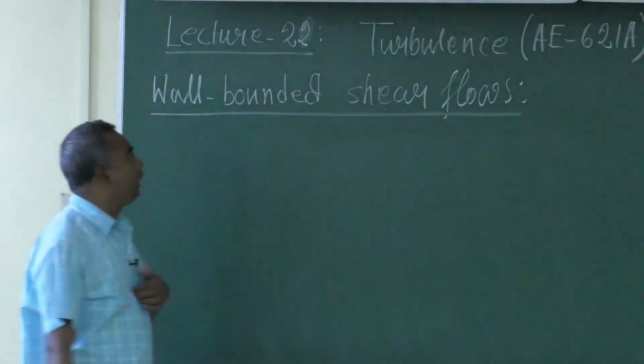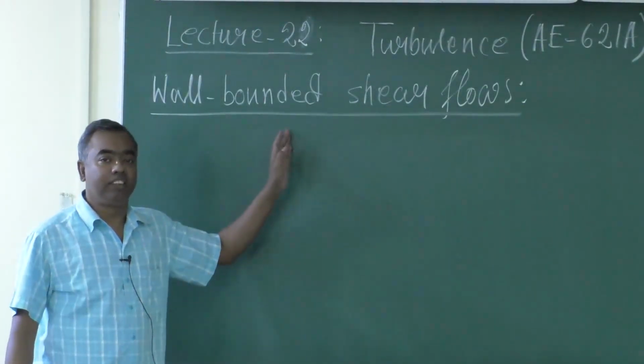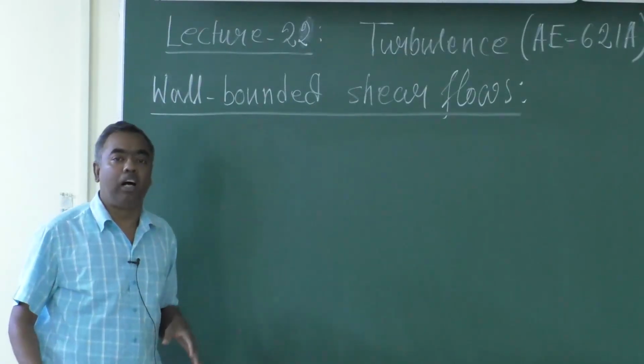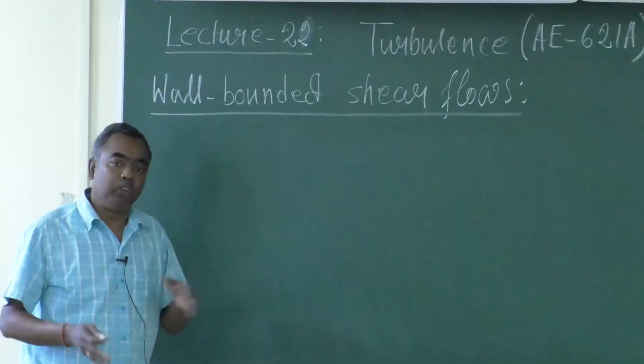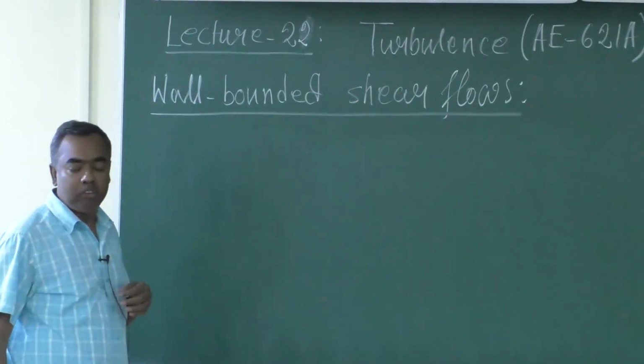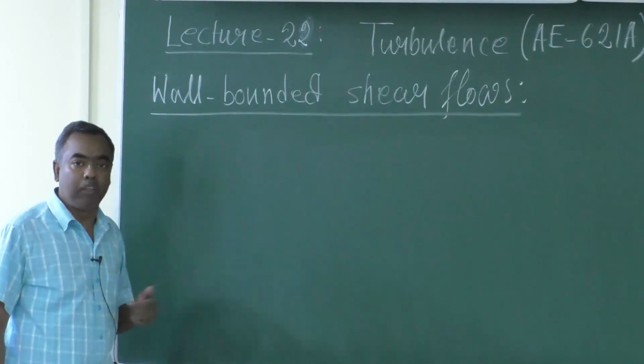So, wall bounded shear flows, as compared to free shear flows, as the name suggests, are bounded partly by walls. It may be on both sides, for example channel flow, or on one side, for example the flow over a plate.